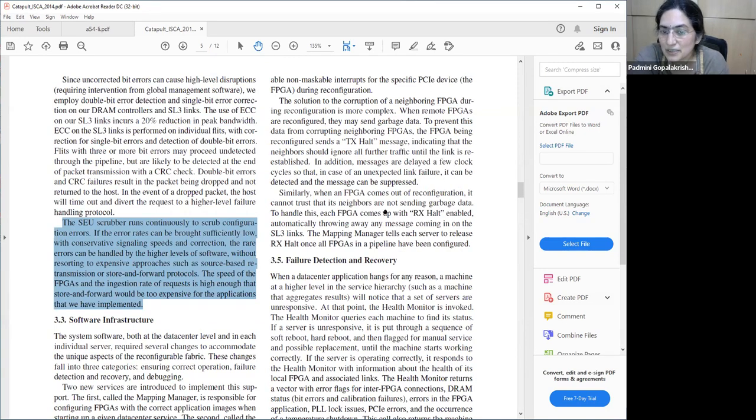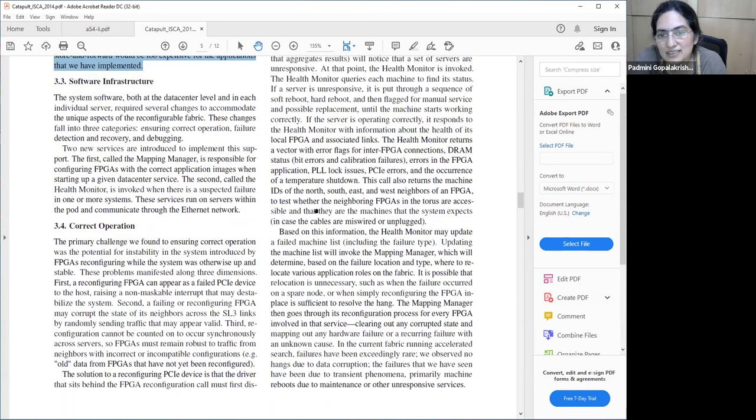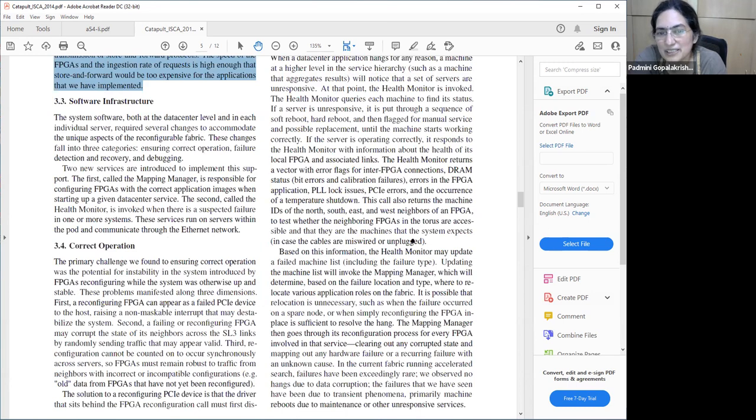And then, ensuring that you handle this whole reconfiguration in a very clean way by doing this transmit halt and receive halt. They also have this high-level mapping manager software, if you remember. That takes care of managing which FPGAs are being configured or reconfigured, and setting the interrupts accordingly. Then section 3.5 talks about this notion of a health monitor, which manages any errors.